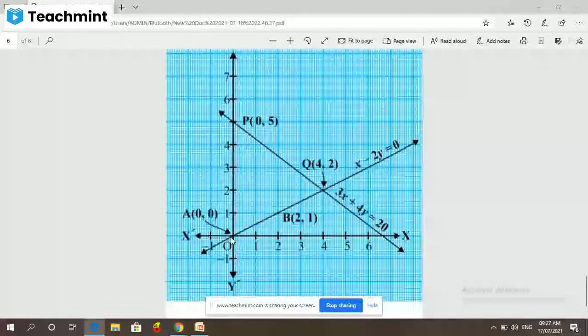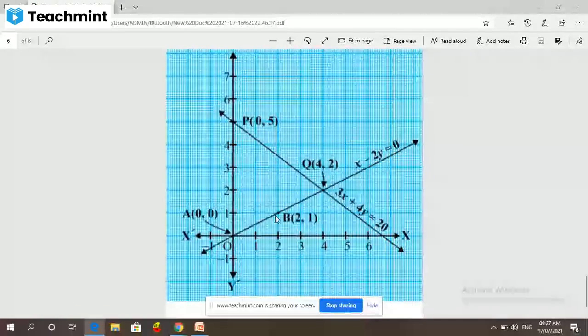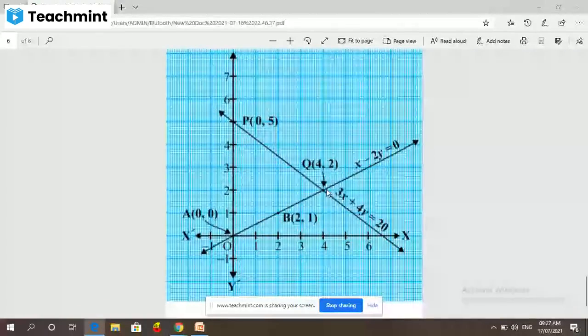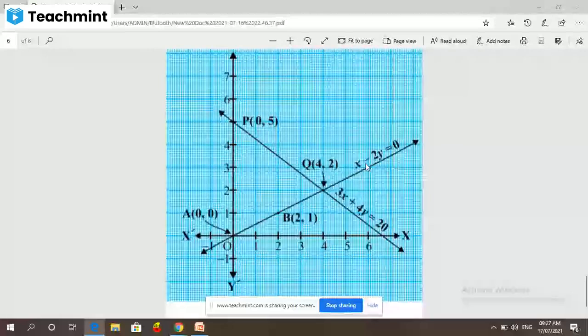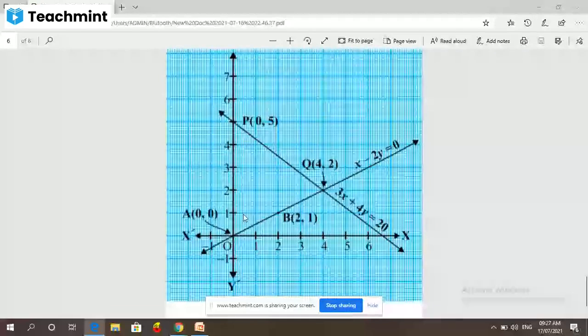This line is actually the graph of x minus 2y is equal to 0. I think you know the points, 2, 1 you got, then 4, 2. When we plot those points on the graph paper, we get the line like this.